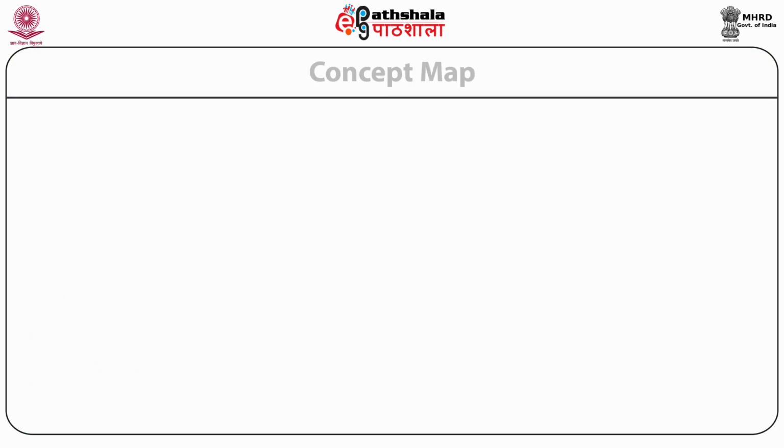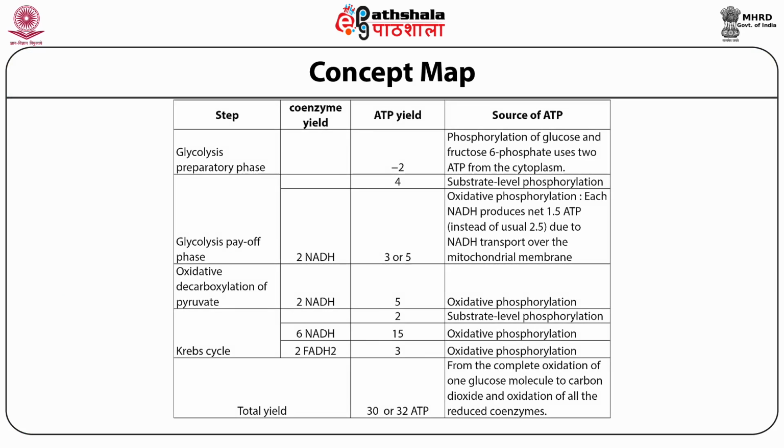Under anaerobic conditions, when the NADH is not oxidized by the electron transport chain, only 2 ATPs will be generated during the degradation of glucose to pyruvate. Let's look at the concept map of this module. In this module, our target is to find out the yield of energy from one molecule of glucose.